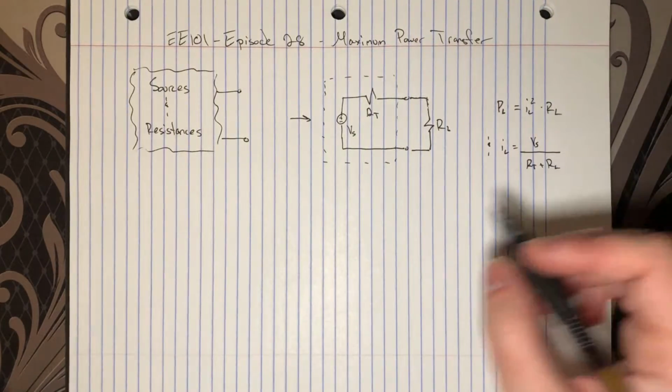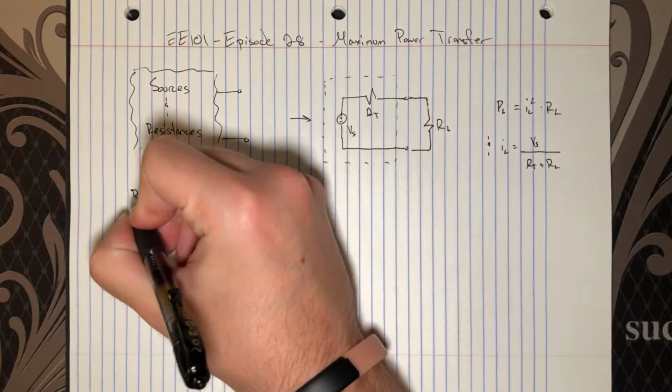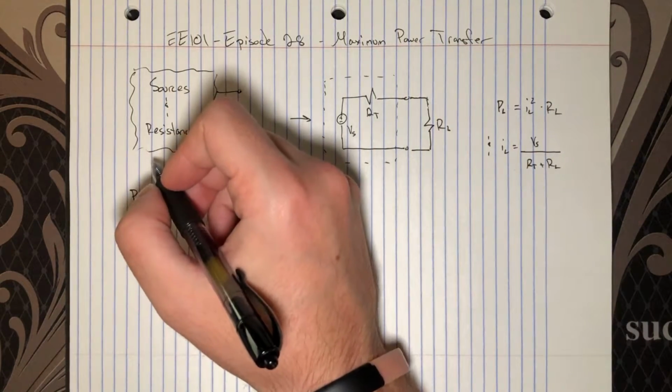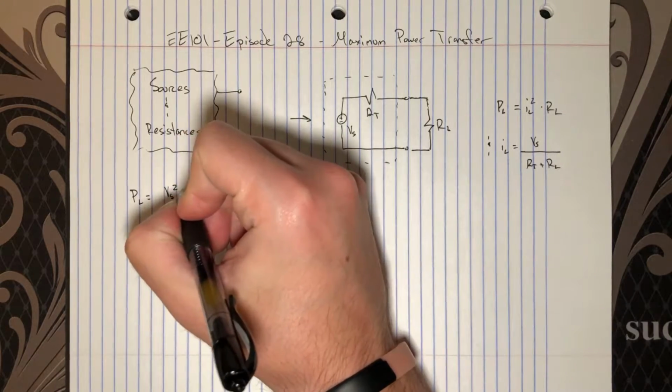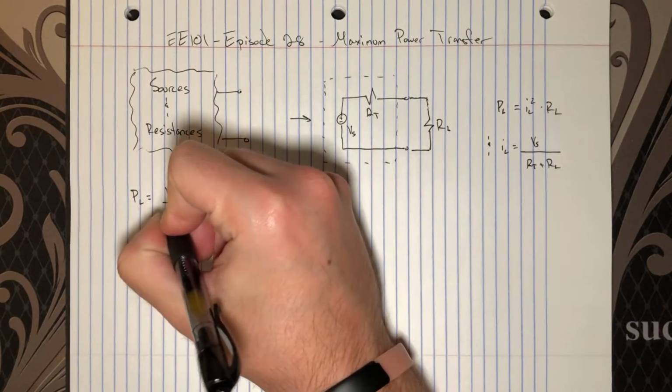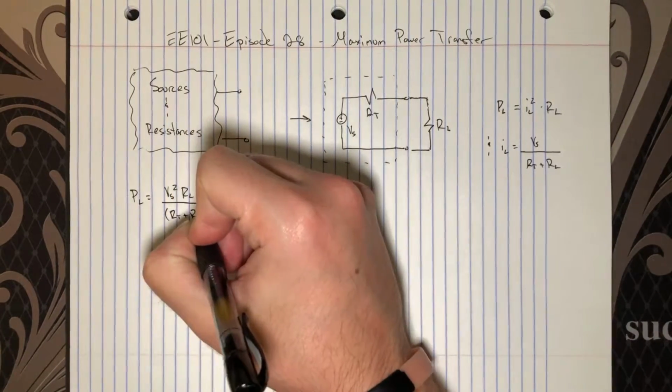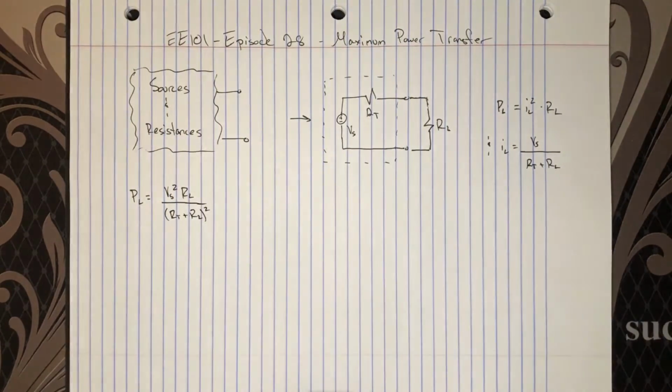Perfect. And with a quick substitution, we have that the power in the load is given by the source voltage squared times the load resistance divided by the square of the sum of the source resistance and the load resistance.